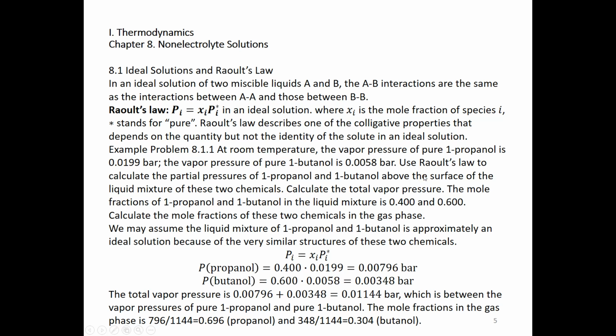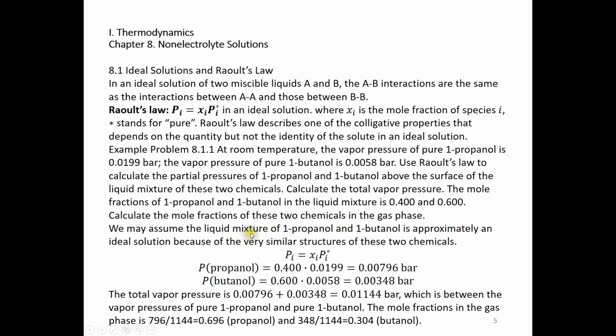Use Raoult's law to calculate the partial pressure of these two chemicals above the surface of the liquid mixture of 1-propanol and 1-butanol, and calculate the total vapor pressure. We're given the mole fractions of these two components. They are 0.4 and 0.6.